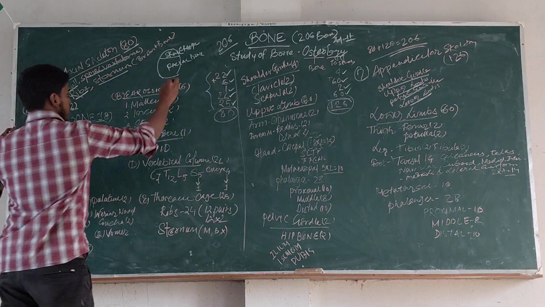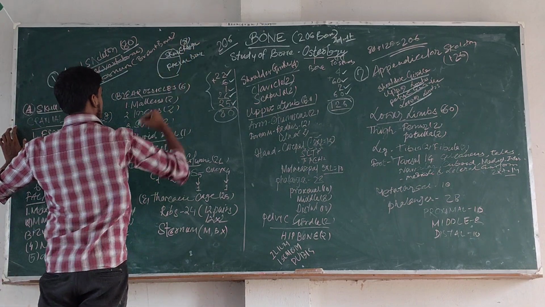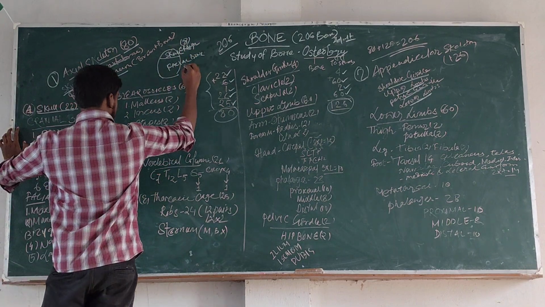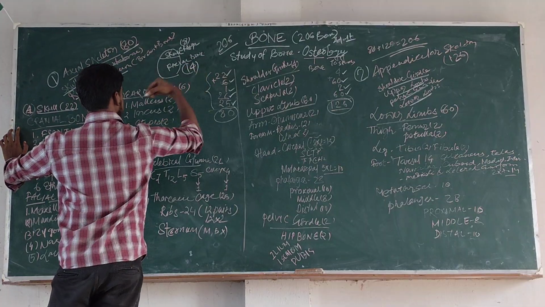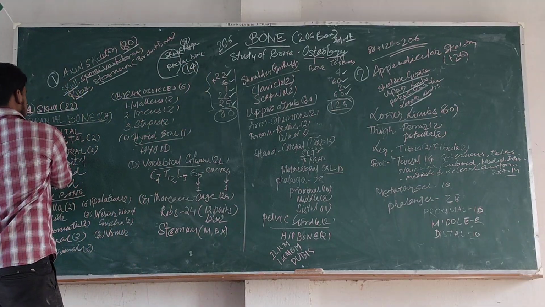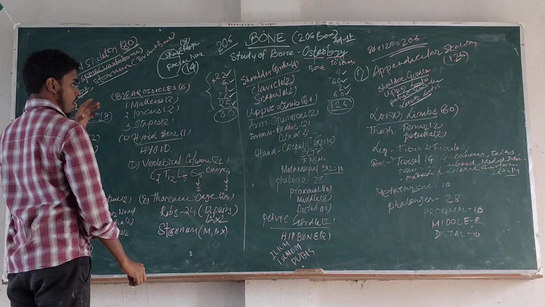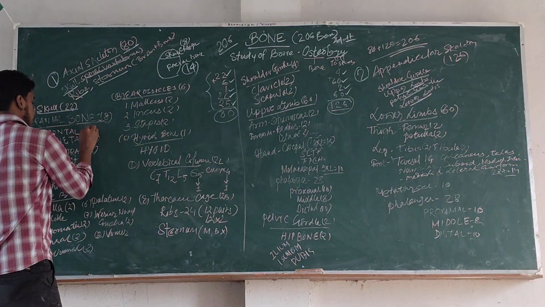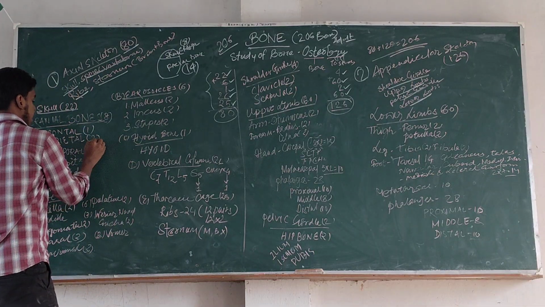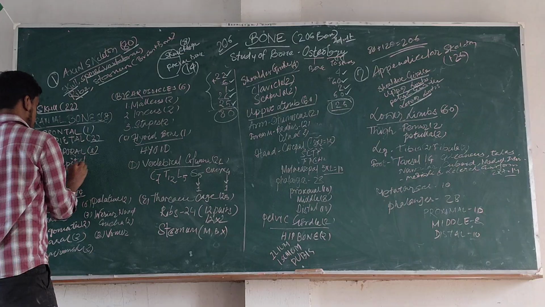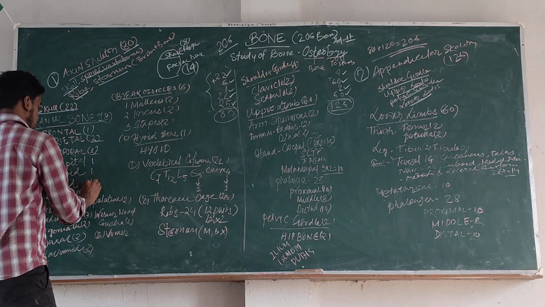Now cranial bone total number is 8, and facial bone total number is 14. Now in case of cranial bone, first one is frontal. It is number 1. Parietal 2, temporal 2, occipital 1, sphenoid 1, ethmoid 1.